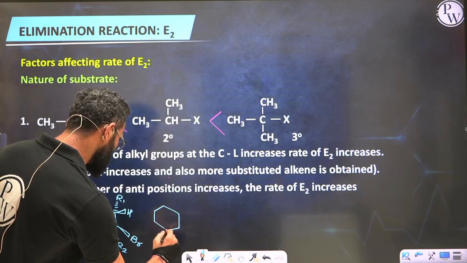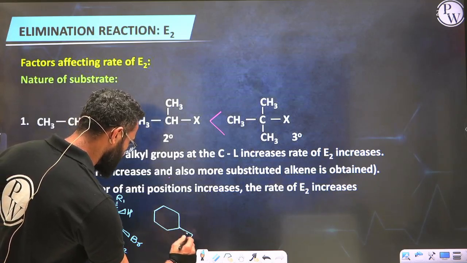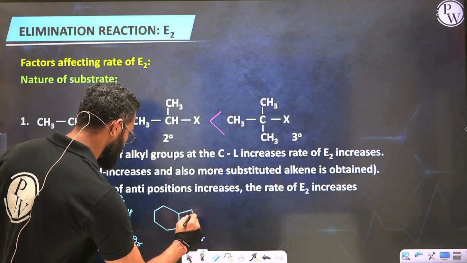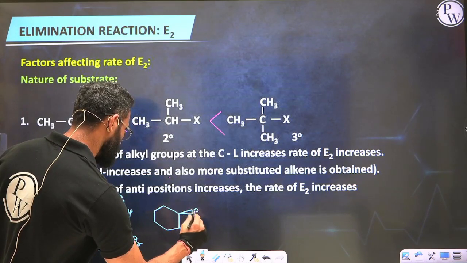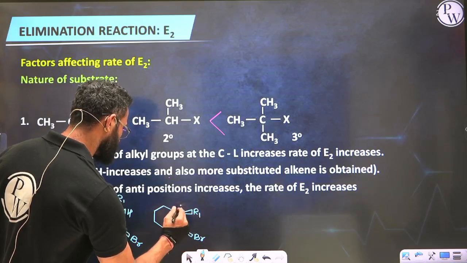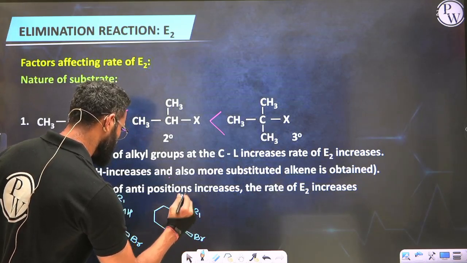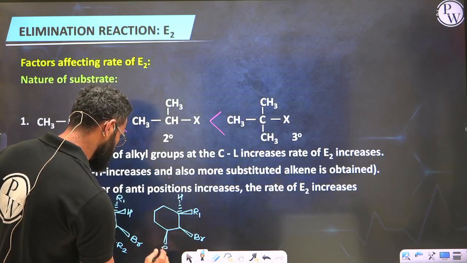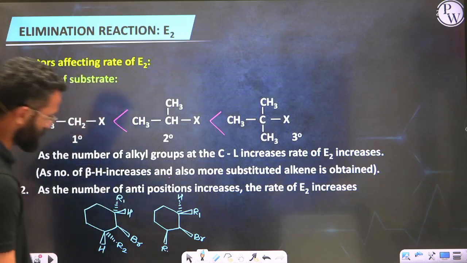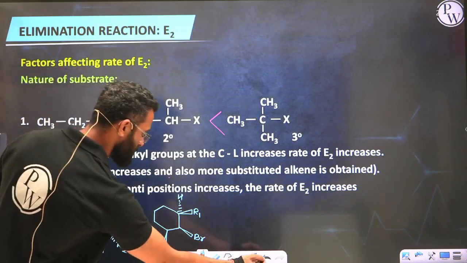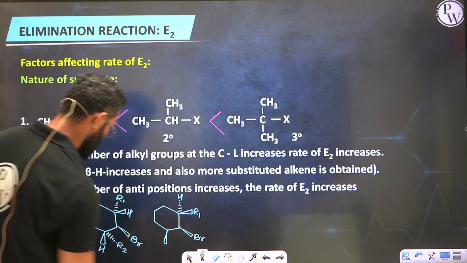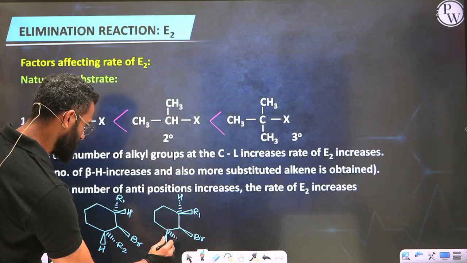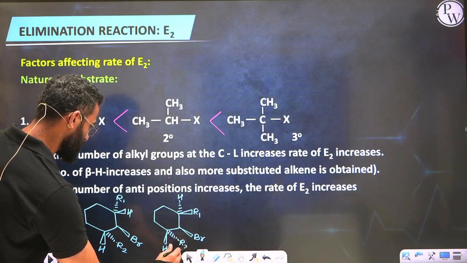The second arrangement is Br, R1, H, H and R2.